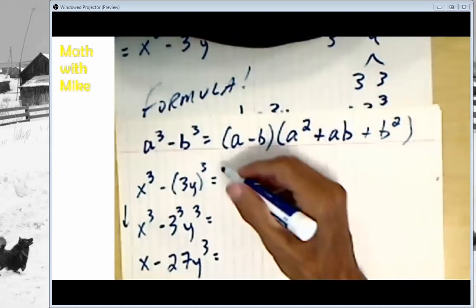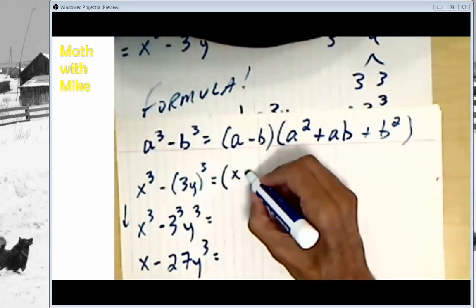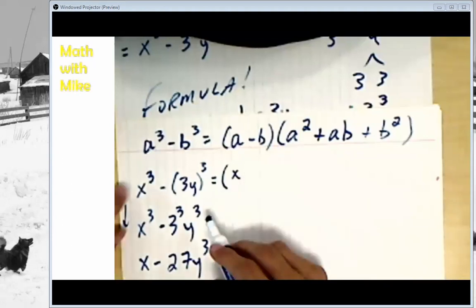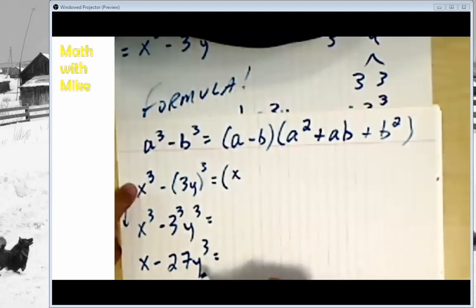So we're going to have X. Yeah, X3 is here. This one?